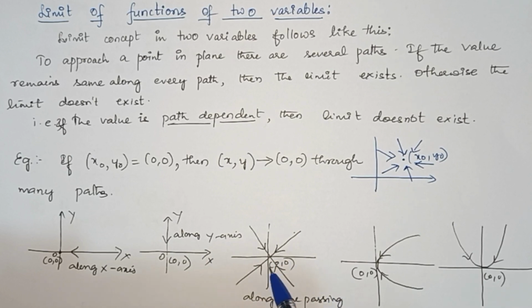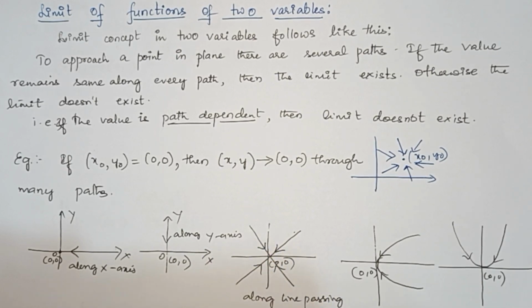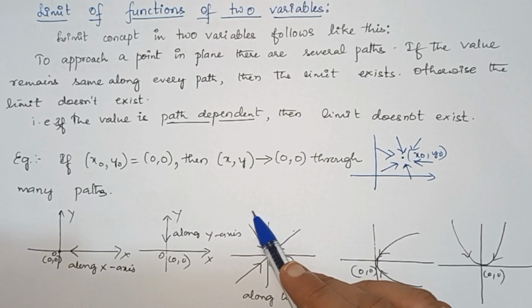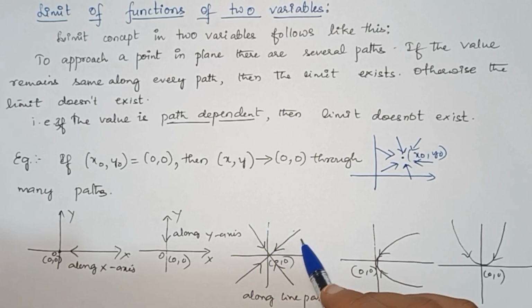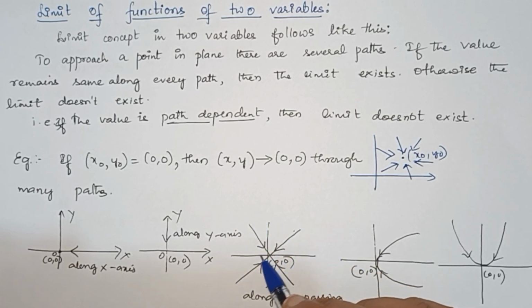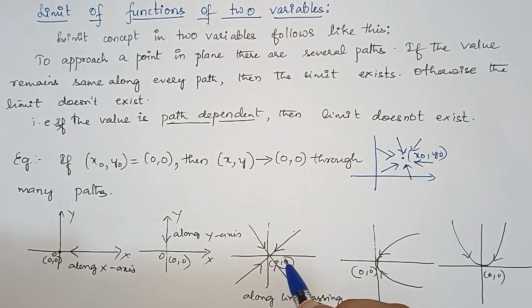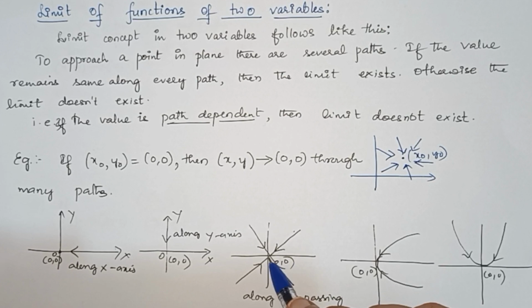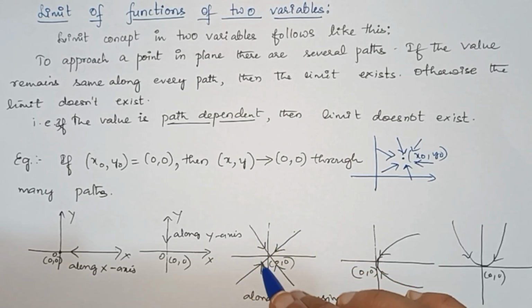You can approach the origin along a line passing through the origin, that means along the line y equal to mx. See, this is y equal to x, y equal to 2x, y equal to 3x. There are an infinite number of lines passing through the origin, so the generalized version is y equal to mx. If the value of the limit remains the same through every path you have chosen, then the limit exists.